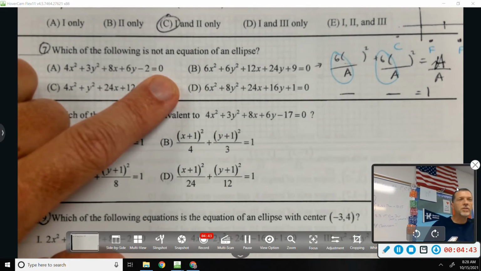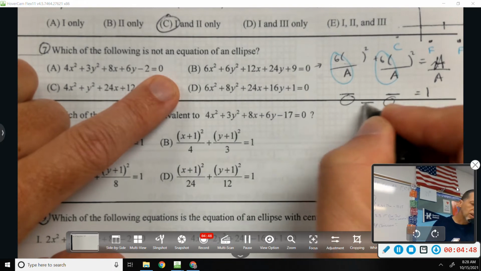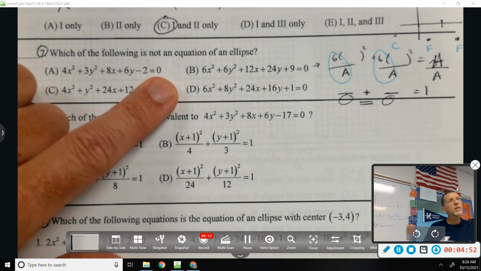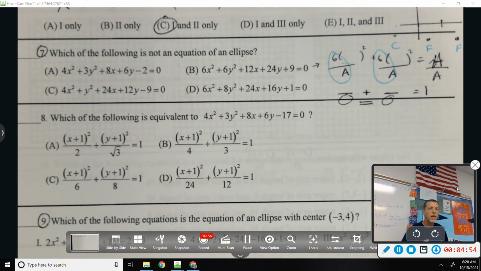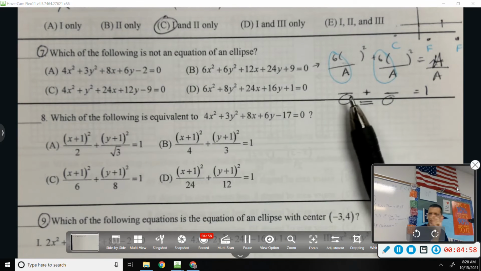Whatever they are, I don't know what they are, but they're going to be the same. Whichever one's under X is like the left and right radius, and whichever one under Y is the up and down radius.